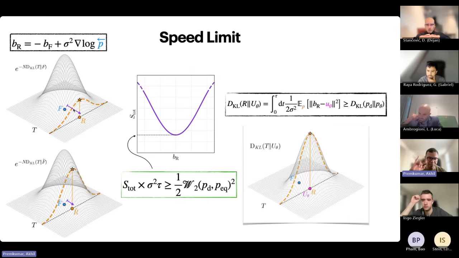Then you see that the VP process has a clear advantage. Now, what happens exactly when you take that drift term to perfect zero is a little tricky. I think we should discuss that after.